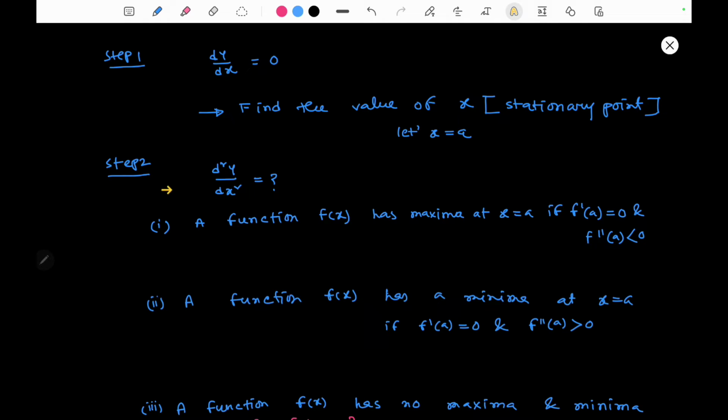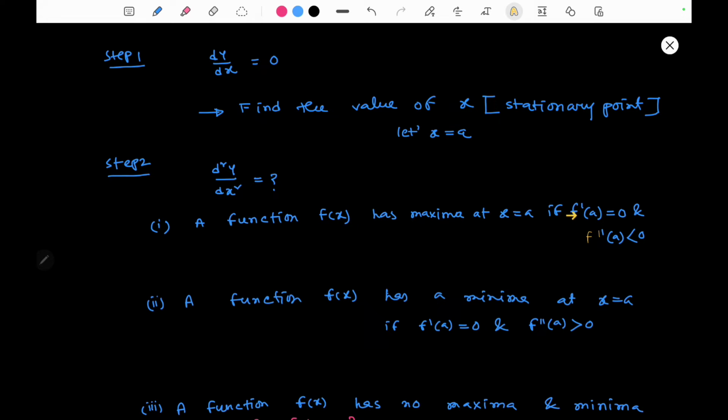In step 2 we will find d2y/dx^2, and then we can tell a function f(x) has maxima at x = a if f'(a) = 0 and f''(a) < 0. Here a is the stationary point we have calculated, and f'(a) = 0 obviously, because we found it by equating this equation with 0.